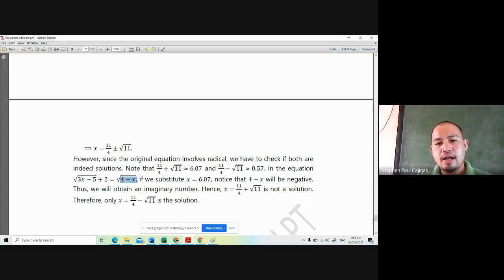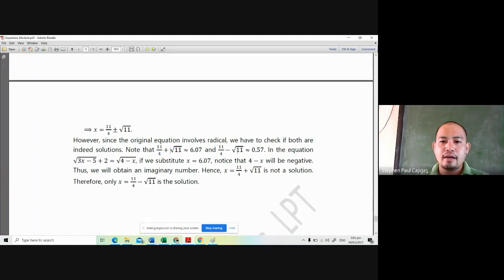Pero, i-substitute ta nga niya nga di, 4 minus 6.07, then that will be negative. So, magiging imaginary. So, we do not accept 6.07 or 11 over 4 plus square root of 11. We cannot accept this as a solution.